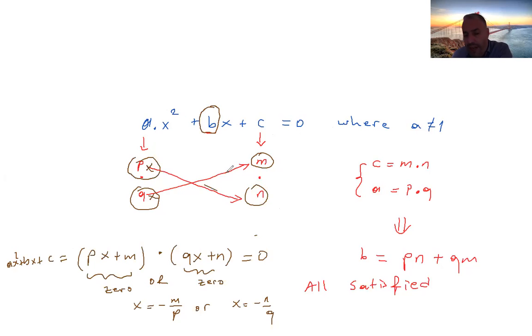And then when we finalize everything, we say px plus m times qx plus n. One example, let me find for you.